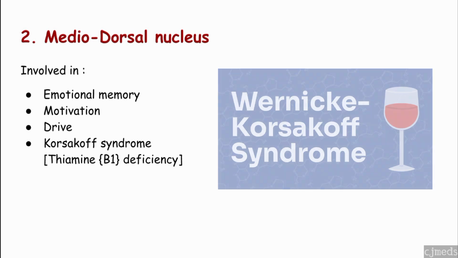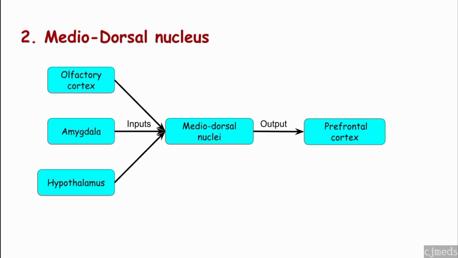So now let's talk about the structures which are connected with the mediodorsal nucleus. Remember that the mediodorsal nucleus receives three different afferents. One, from the olfactory cortex. It will send its information to the mediodorsal nucleus.